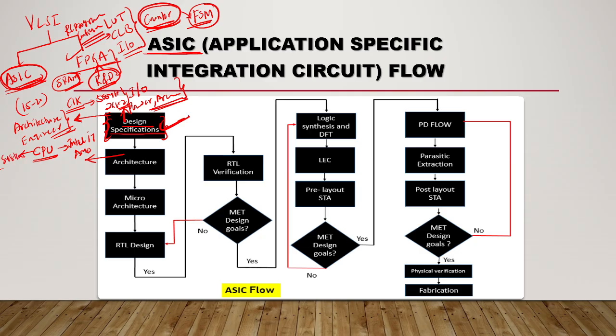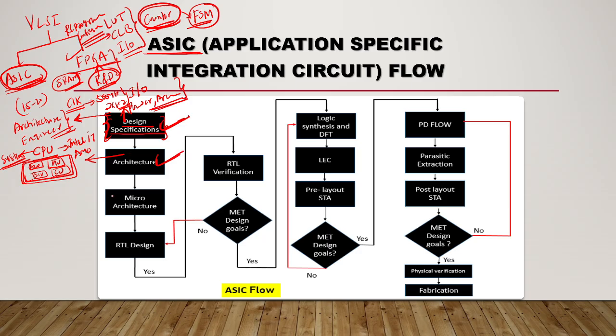So this system consists of what? How to design this architecture. It consists of an ALU, a memory unit, a bus interface unit, and next a control unit. So the total CPU architecture will be done in the architectural level.